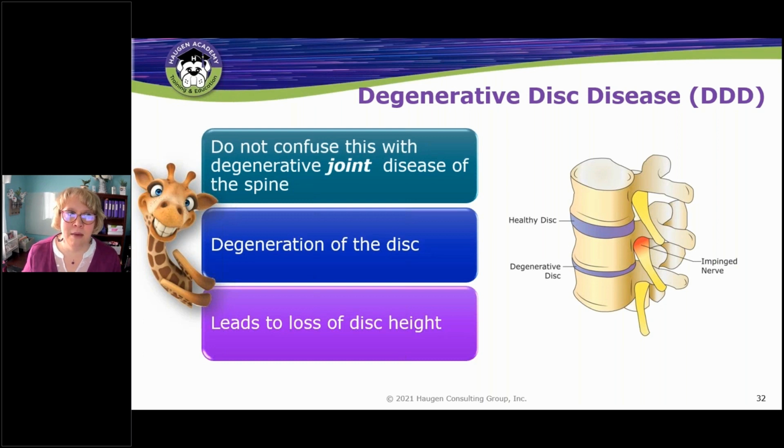But when we talk about degenerative disc disease, it's different. So can you code degenerative joint disease with degenerative disc disease? The answer is yes, because they are two different conditions. There are no excludes notes that prevent you from doing that. So don't confuse this with degenerative joint disease, because it is something different.